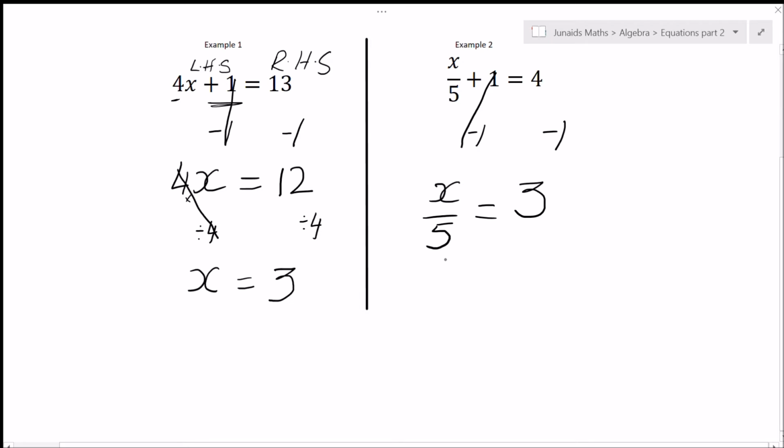Now, the next step is going to be, because it's divided by 5, we want to get rid of 5, just do times by 5 on both sides. Okay, and now we get here x, which was our aim, and on the right hand side we have 3 times 5, which is going to be 15.